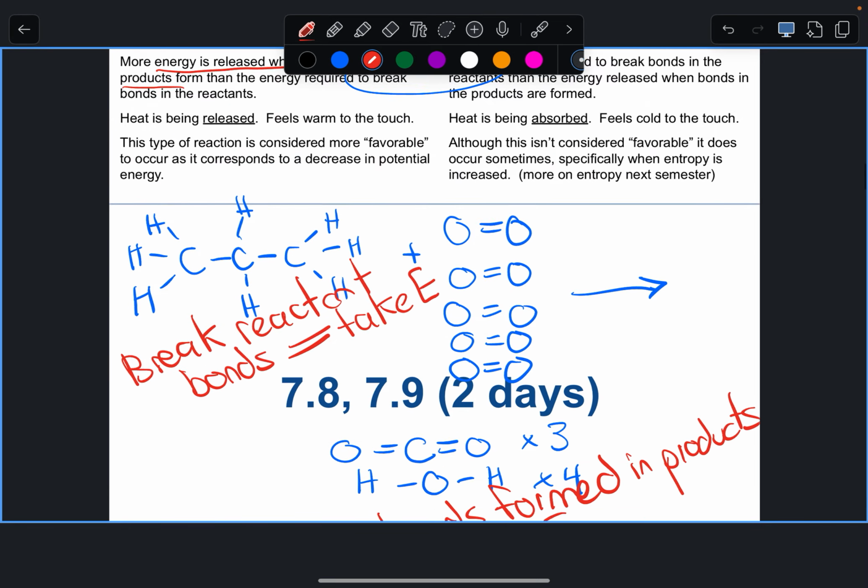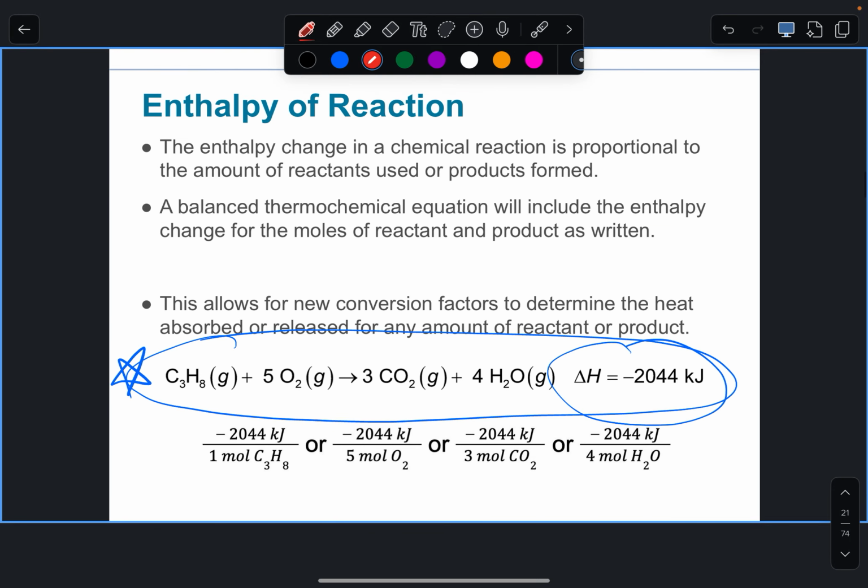Okay, moving along. So when we look at a chemical reaction, the ones we're going to look at now would be considered balanced thermochemical reactions. So they'll include the change in enthalpy, just like this one does. So when you see this, you need to make sure you realize that the enthalpy value that's listed there is for these specific amounts that are listed in the balanced chemical equation.